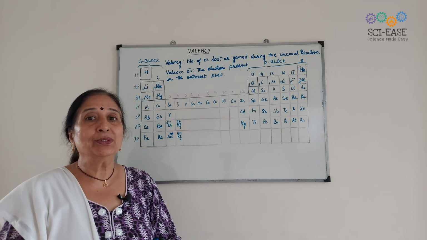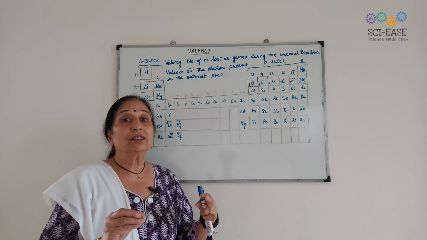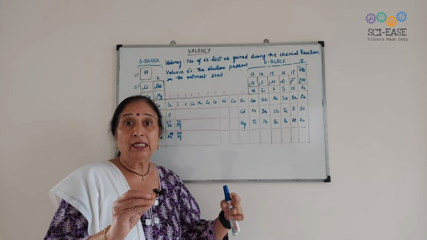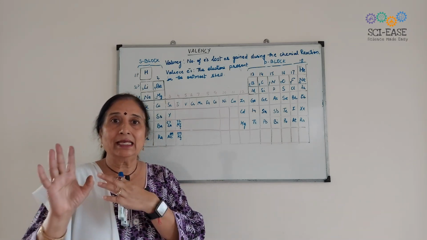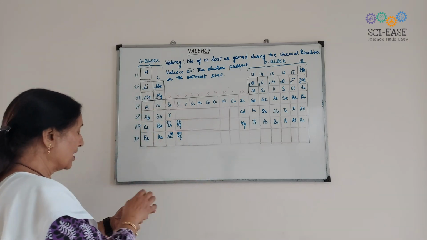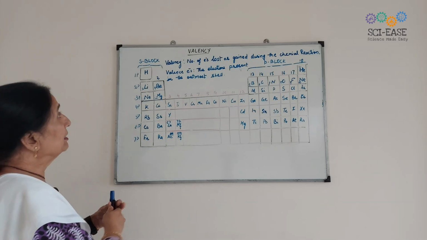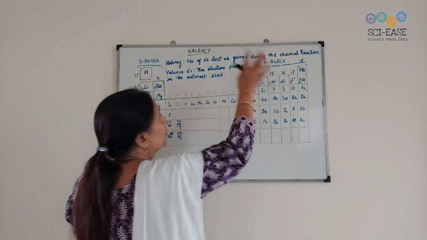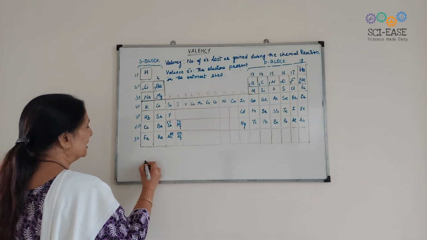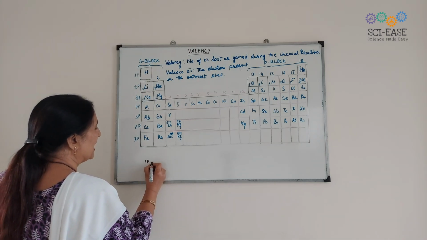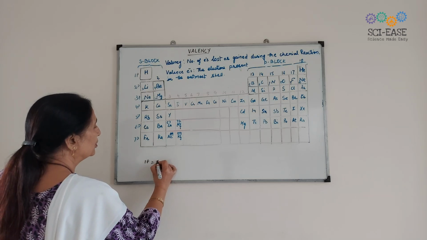First, I will tell you about the number of the elements present in these 7 periods. In the first period, there are only 2 elements, hydrogen and helium.